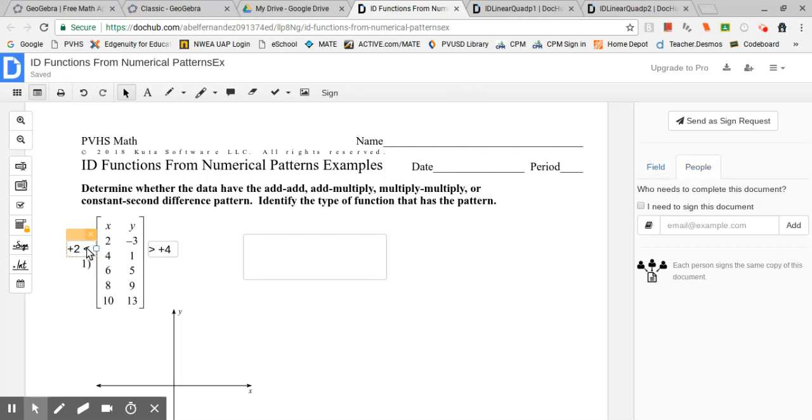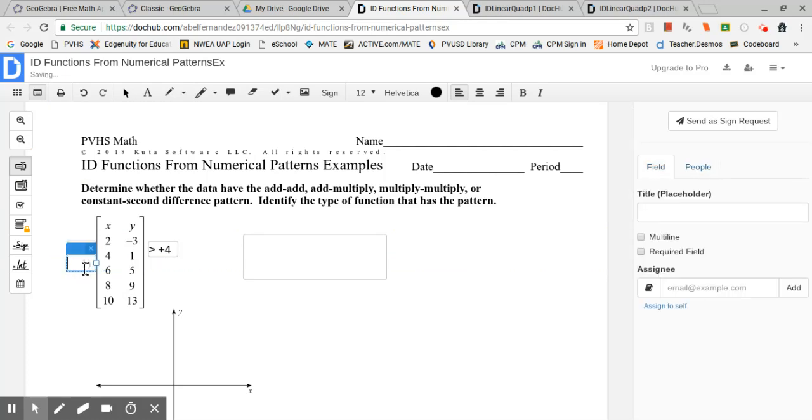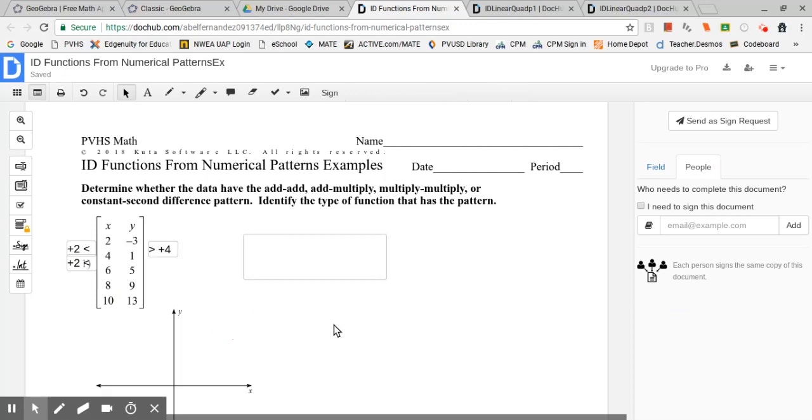So if you notice on the left side, from 2 to 4 I add 2, and from 4 to 6 I also add 2, right?